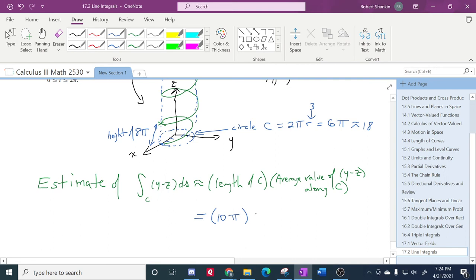All right, and then now the average value of y minus z as we move around here. Now that's going to be kind of hard to get, but let's get a guess for that. Now, again, the x's don't matter. The y's are going to be moving.